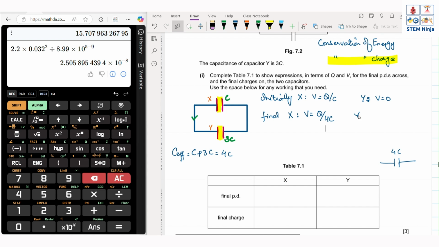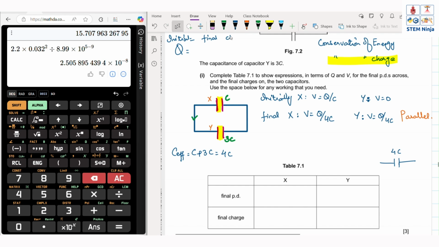And for Y, obviously it will be the same also because they are in parallel. But when it comes to charge and current distribution between the two, the net charge is the same. So the initial charge will be equal to the final charge.